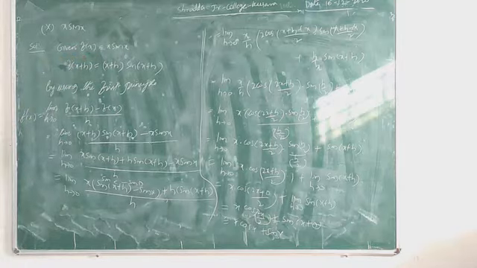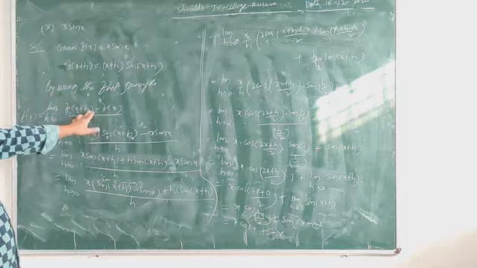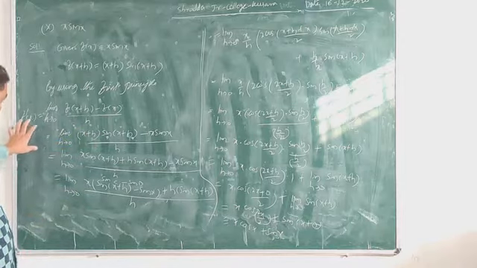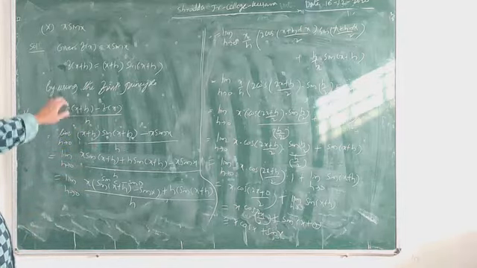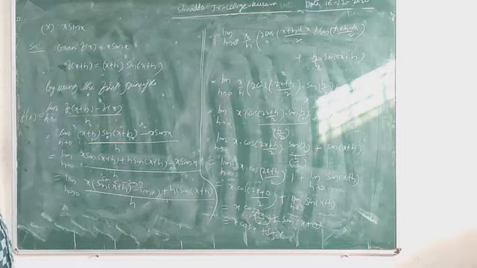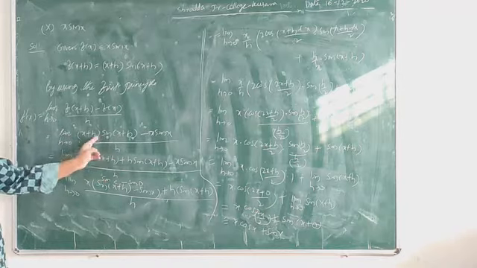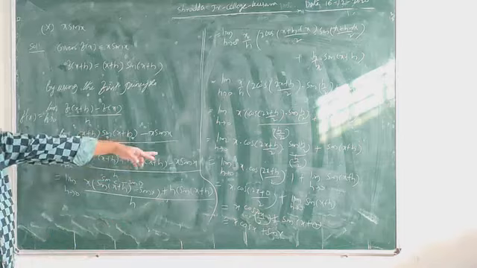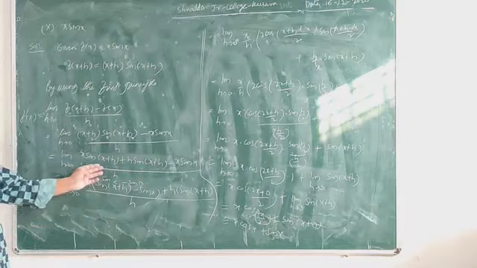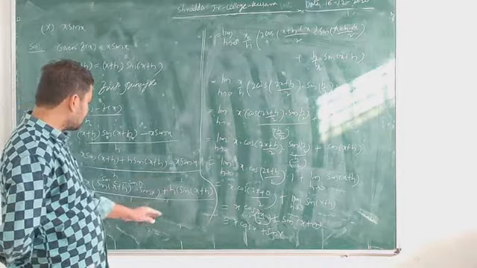By using the first principle, f'(x) equals limit h tends to 0 of (f(x+h) minus f(x)) by h, which is (x+h) sin(x+h) minus x sin x, by h. That is x sin(x+h) plus h sin(x+h) minus x sin x, all by h. Then x into (sin(x+h) minus sin x), x we are getting common, plus h into sin(x+h) by h.